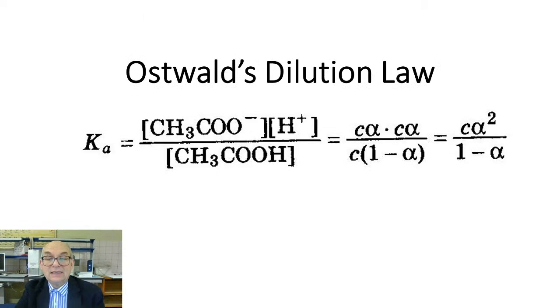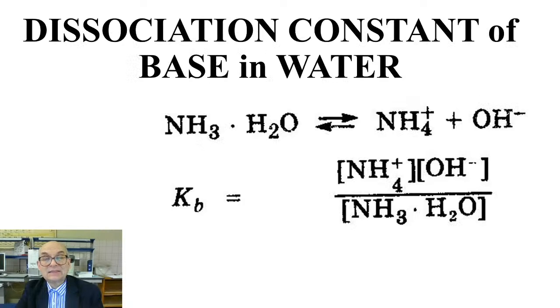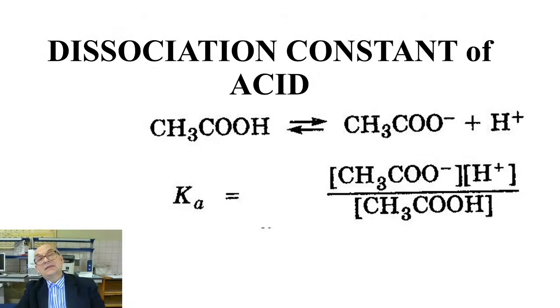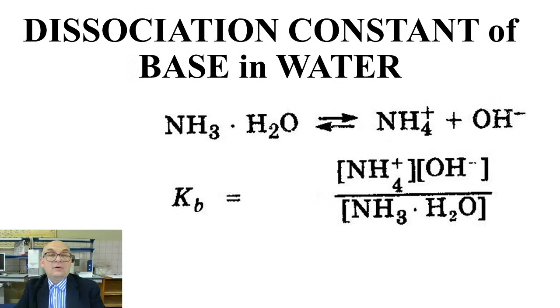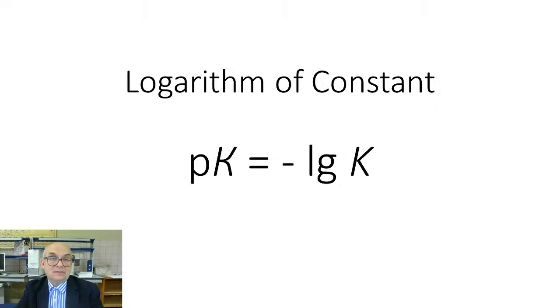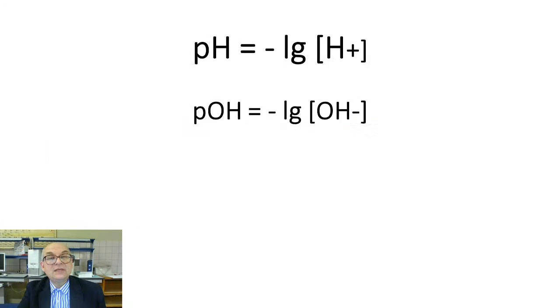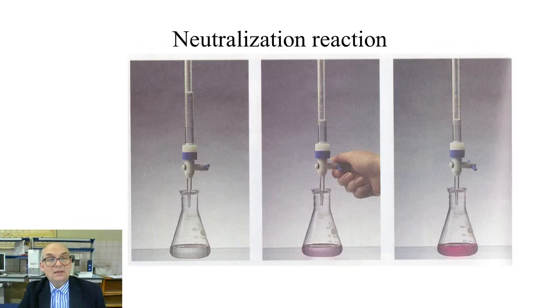For example, the ionization constant for acetic acid, and the ionization constant for a weak base, the aqueous solution of ammonia. An appropriate method is using the negative of the logarithm of the ionization constant, which is labeled as pK. pK is equal to the negative of the logarithm of the constant. And comparison of the different acids and bases.